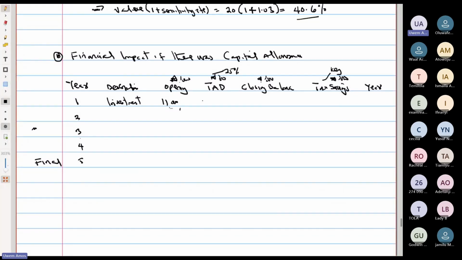Because that's our annual depreciation value. 11,000 multiplied by 0.25 is 2,750. What is our closing balance? 11,000 minus 2,750 is 8,250.